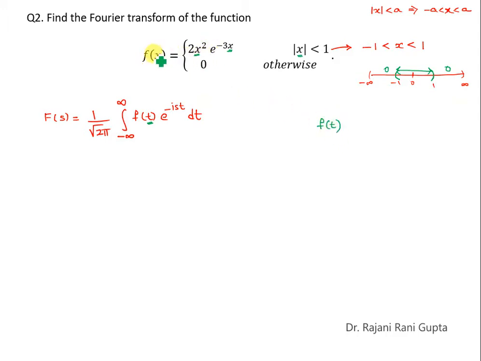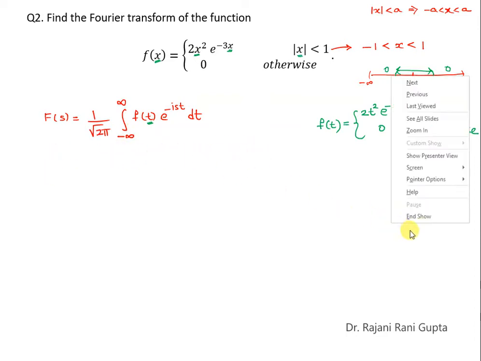So if I replace x by t on the left side, on the right side it will become 2t square e power minus 3t when mod of t is less than 1, and 0 otherwise.